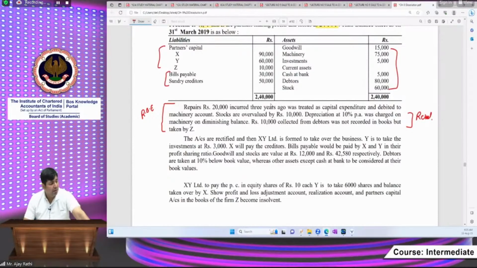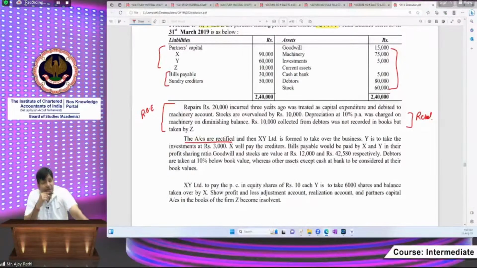Revaluation also and rectification of error also. Now, see, the question is saying, please read the second paragraph cleverly. Accounts are rectified. Beta, if there is any mistake in the books, then first we have to correct that mistake and we have to find out the updated balance sheet.